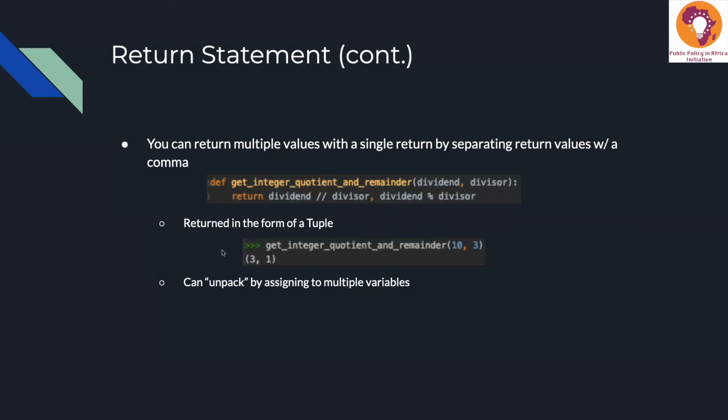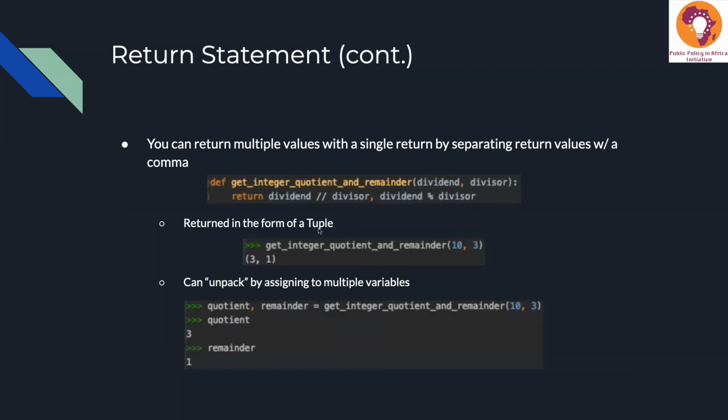But something else that's really useful to know is we can unpack that return by assigning it to multiple variables. So now we are calling get integer quotient and remainder, passing in 10 and 3, and I'm assigning it to two different variables: my quotient, comma, my remainder.